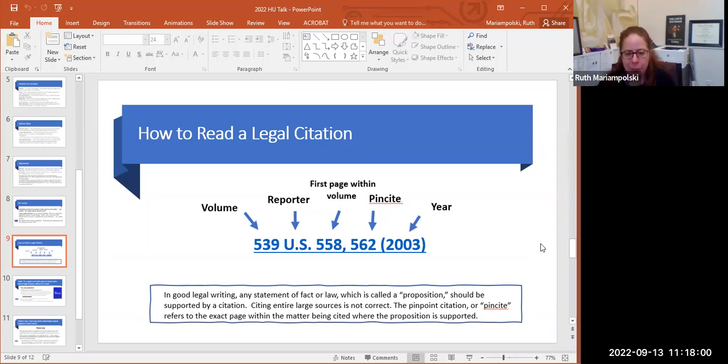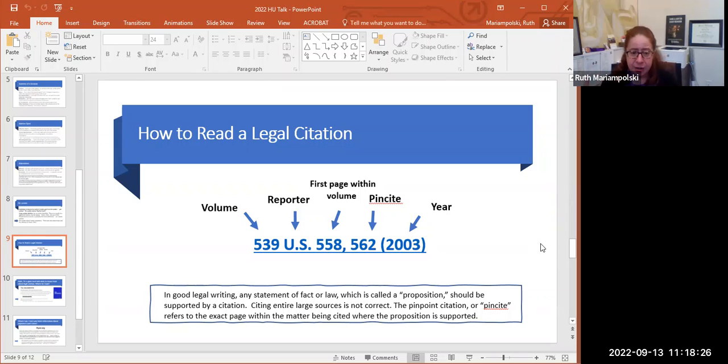You're supposed to use pinpoint citations to show, if you're saying, for example, that in such and such case the court ruled something, and you want to cite to that idea, which we call a proposition. You need to find the page in which the court ruled and use that exact page in the location we call the pin cite.